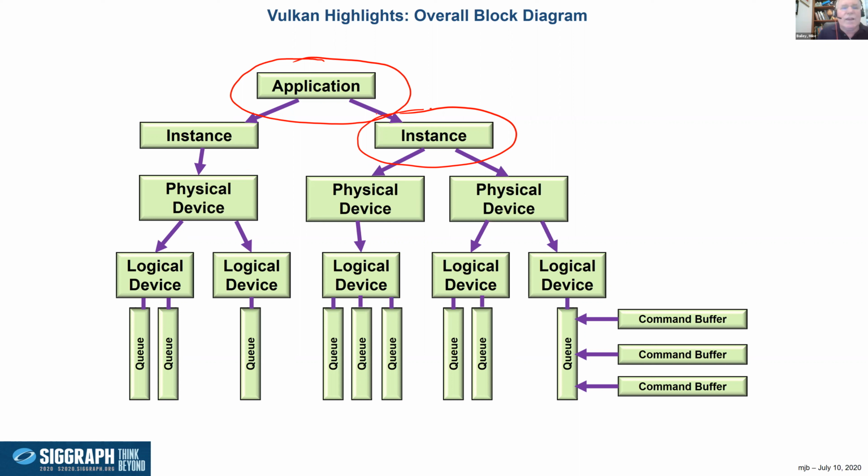You can have the same devices but different properties and call that two different instances. The physical device is, well, the physical device. The physical devices are sort of aliased into logical devices, and there are queues and command buffers pointing to the queues down here. This is how it could be if you wanted it to be.